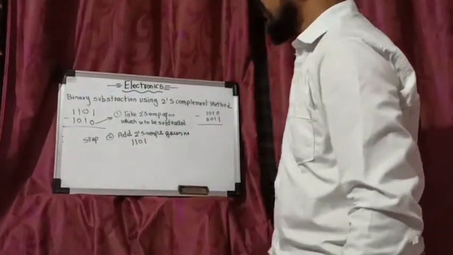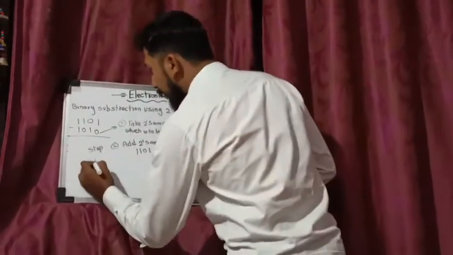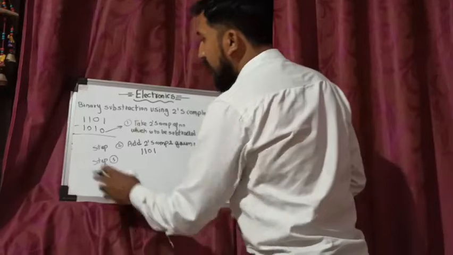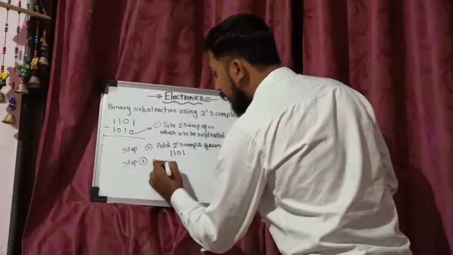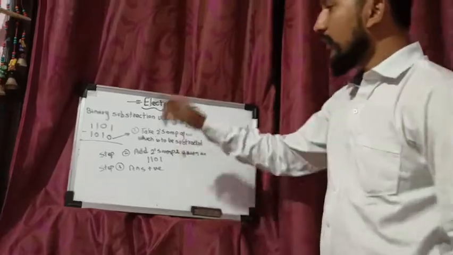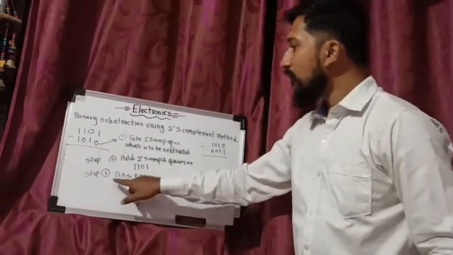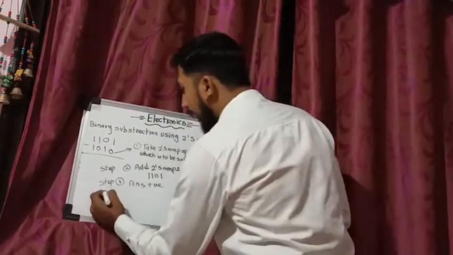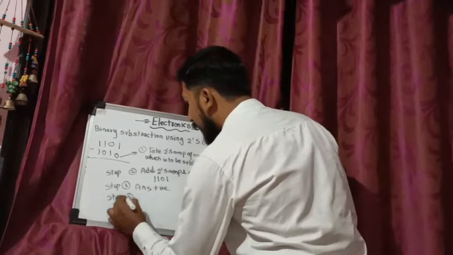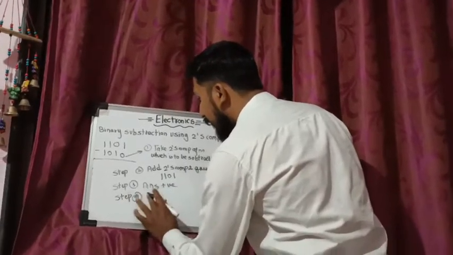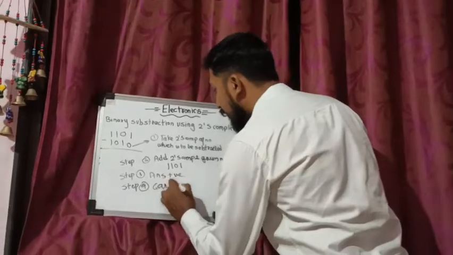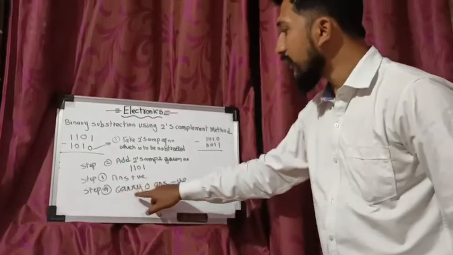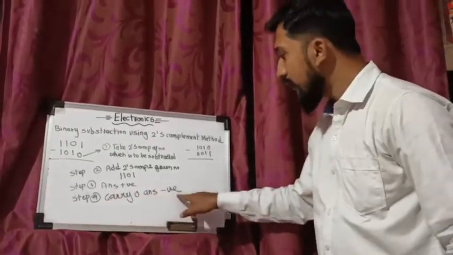Step number 3: after solving this, if the final carry is 1, your answer is positive. Listen carefully: if the final carry is 1, your answer is positive. And the last step: if your final carry is 0, your answer is negative.